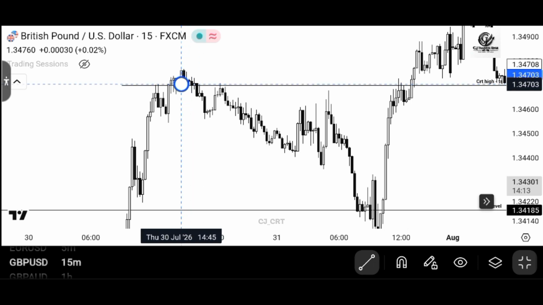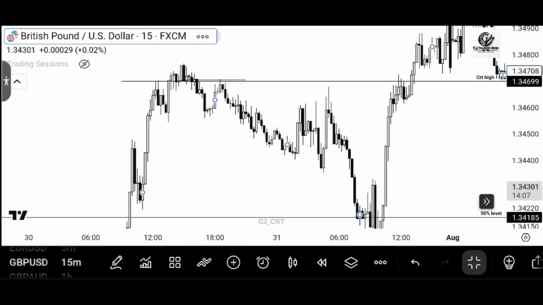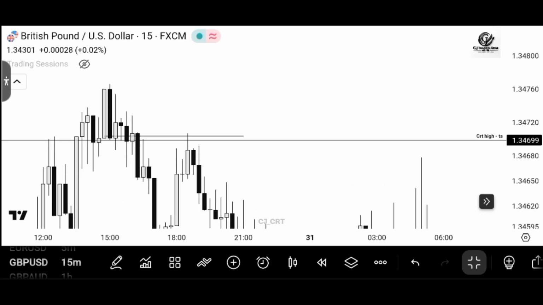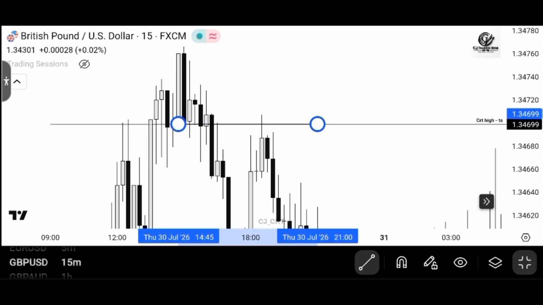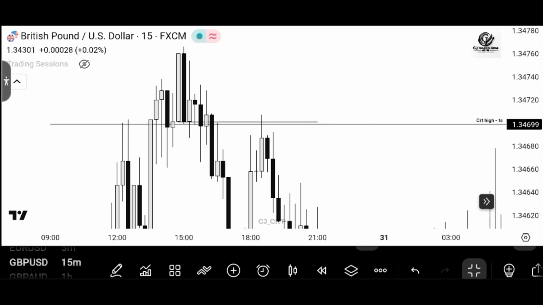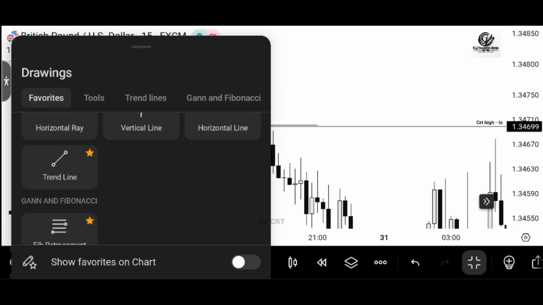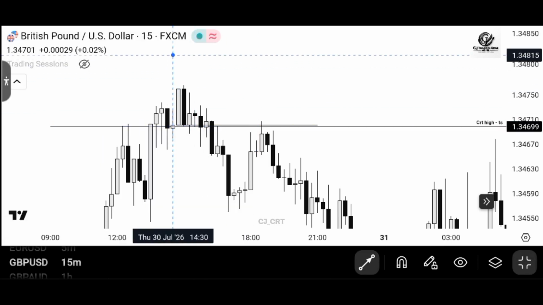So you mark it out. That was the thick up close candle I used as my entry.